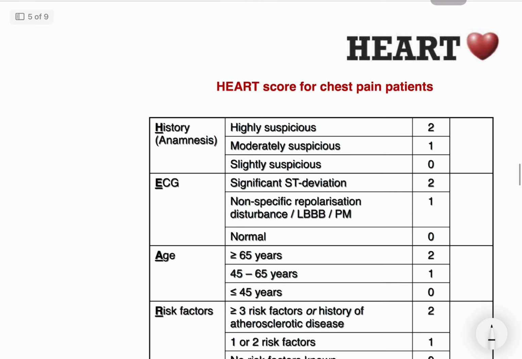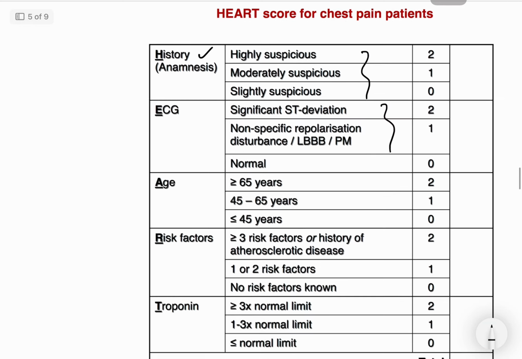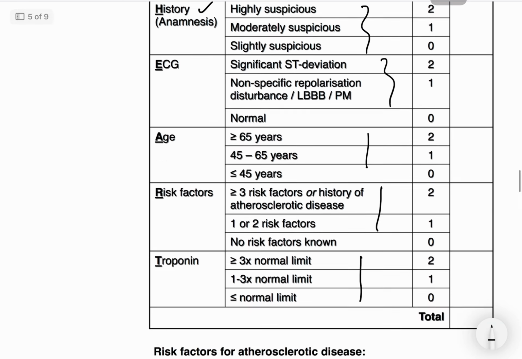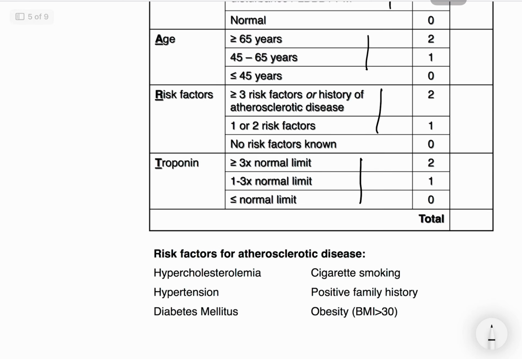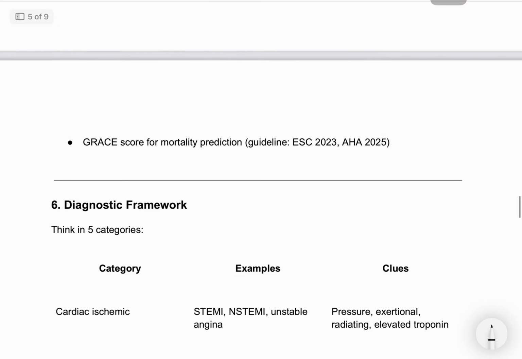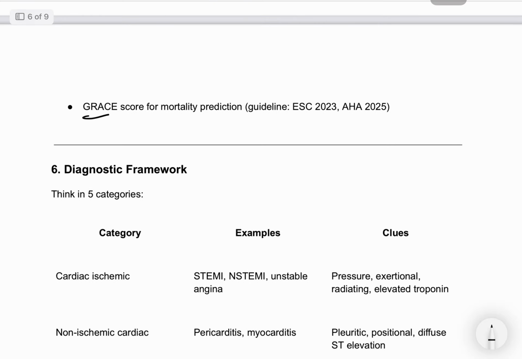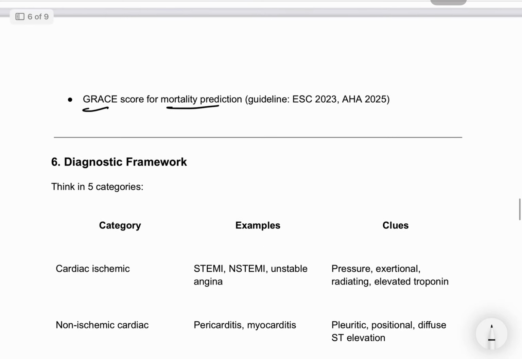This is the chart of the HEART score: in the history, how is the suspicion; is there ST depression or ST deviation or not; according to age, risk factors, troponin normal limit. We categorize this patient, whether we need to admit this patient or whether we can discharge this patient. Okay, and there is something called the GRACE score also to predict the mortality.